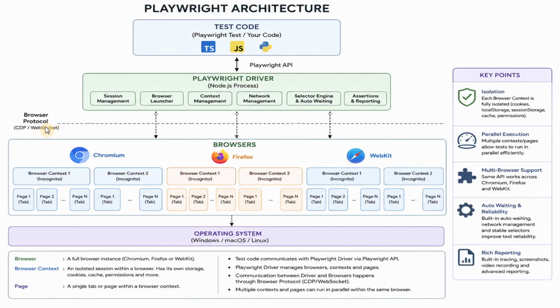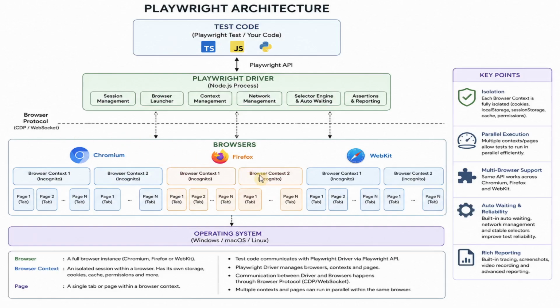Then CDP, or the Chrome DevTools Protocol, is a primary Chromium protocol and is not a universal protocol used for every Playwright browser. You understand, right? So this is primarily used for Chromium. Playwright has a browser-specific implementation for Chromium.